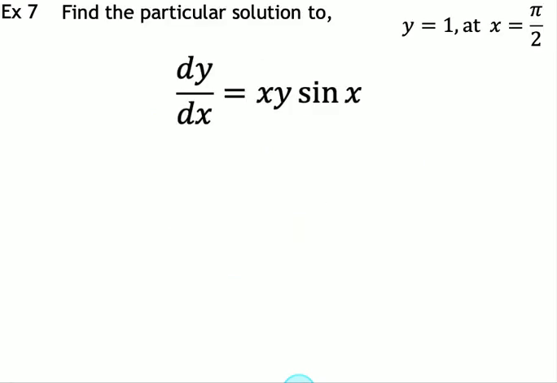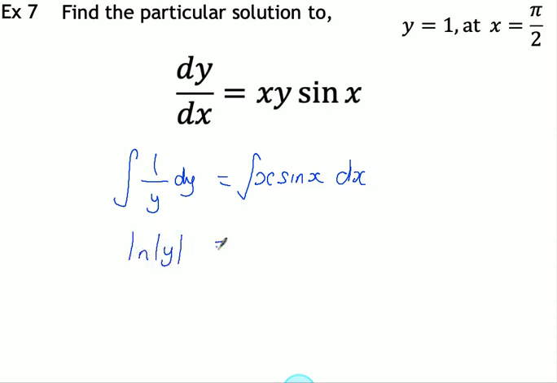Okay, final particular solution to find. Boundary condition is up here. Separate the variables. Integrate both sides. Okay, this is a by parts situation.